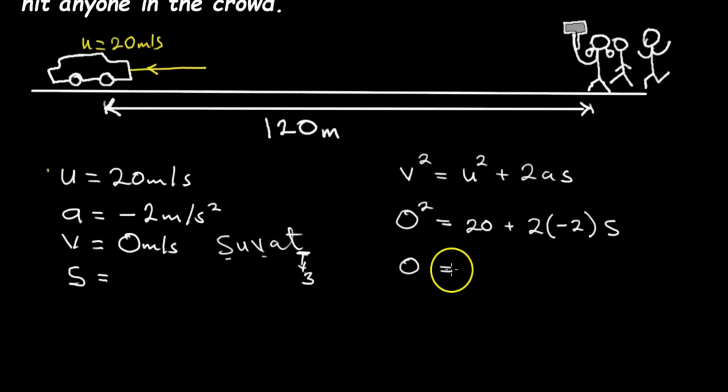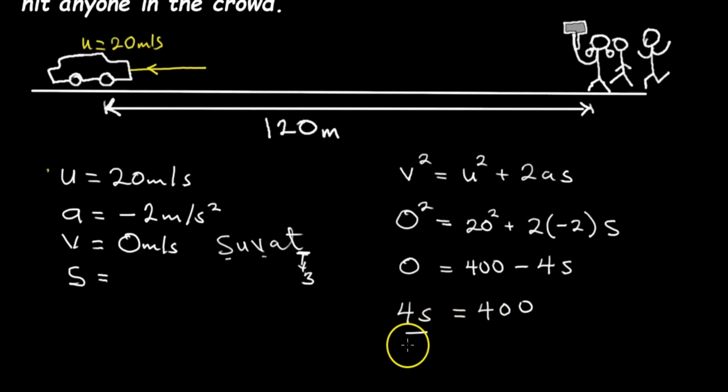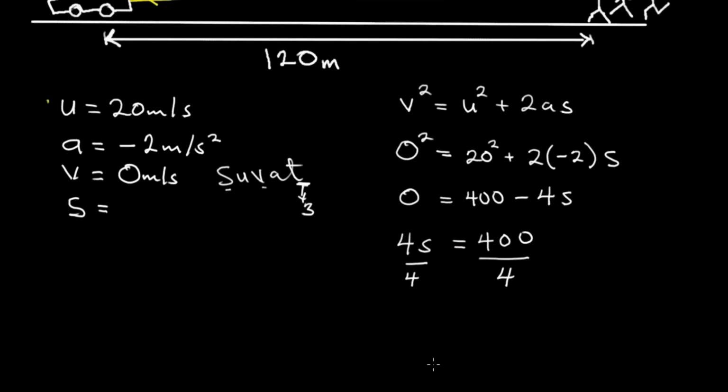So I have 0 equals 20 squared, so 0 equals 400 minus, 2 times negative 2 is negative 4, so minus 4s. I'm looking for s, so I make s the subject. So I send minus 4s to the other side of the equation, and I get 4s to be equal to 400. So I divide both sides by 4, and this simplified will give me s to be equal to 100 meters.